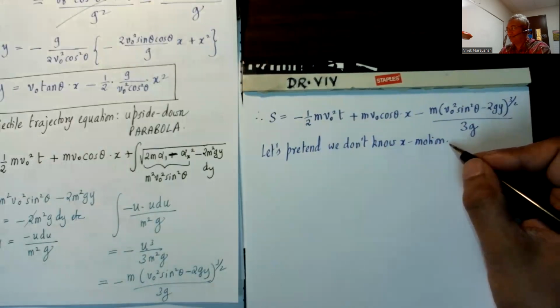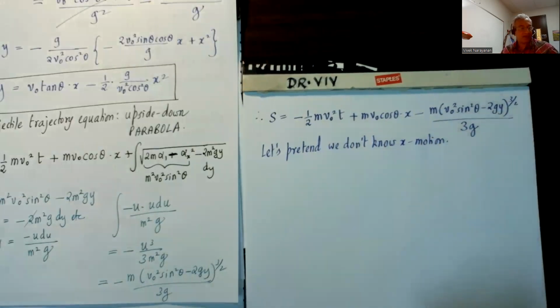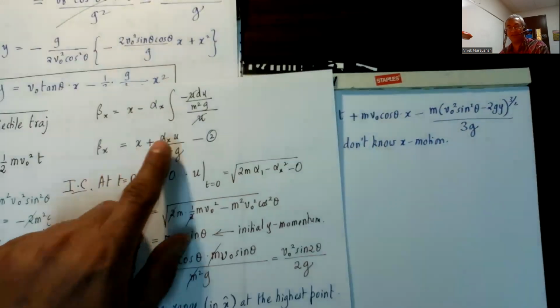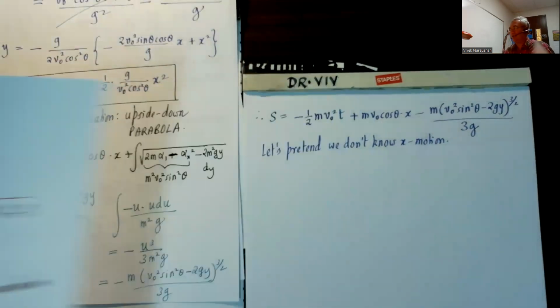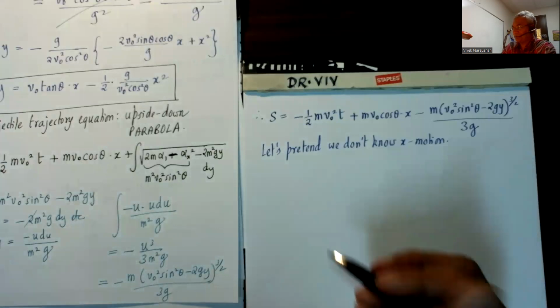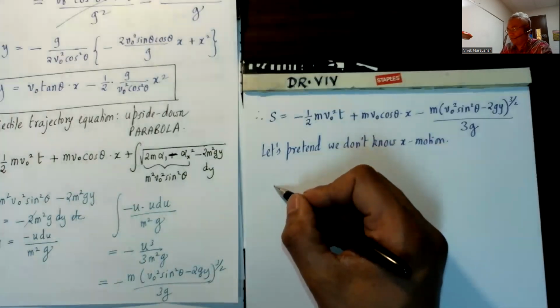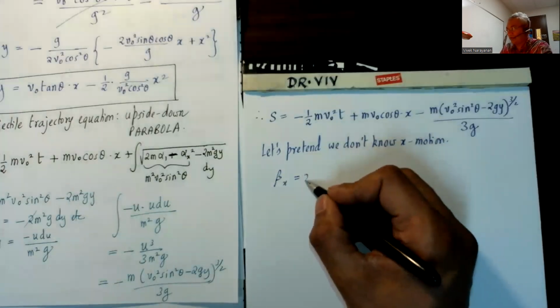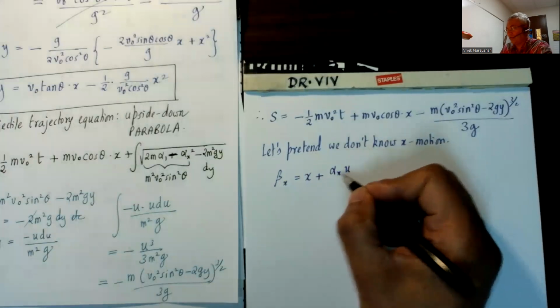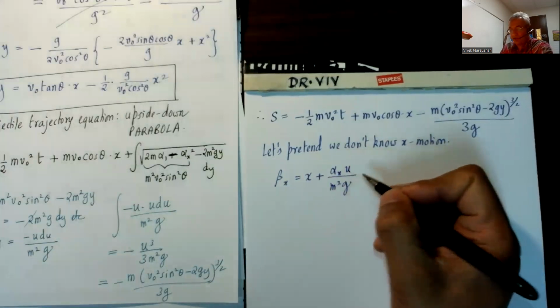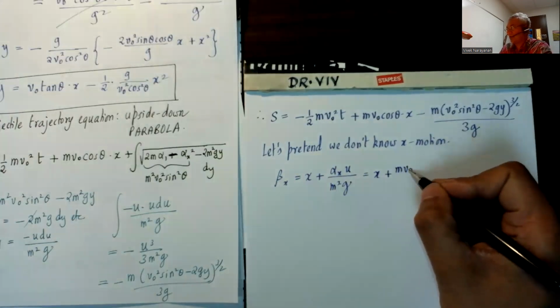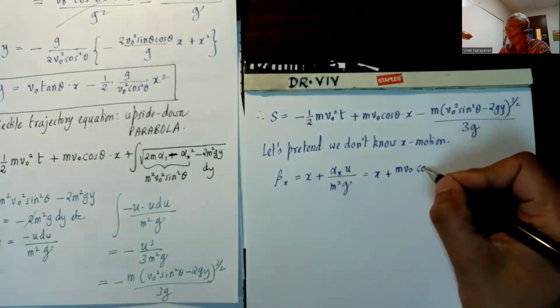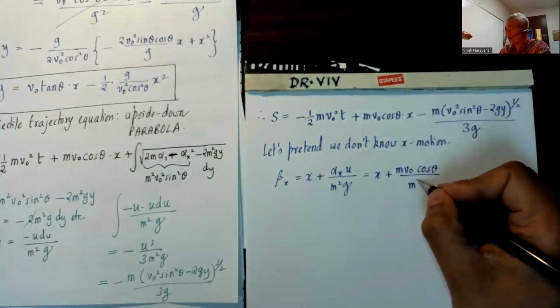So the idea is to go back to the beta equation. The beta x equation will tell us how. Beta x is x plus alpha x u over mg. So let's do that. Beta x equals x plus alpha x u over m squared g. And it's going to be x plus m v naught cosine theta over m squared g.